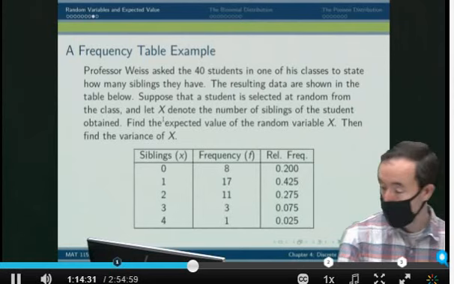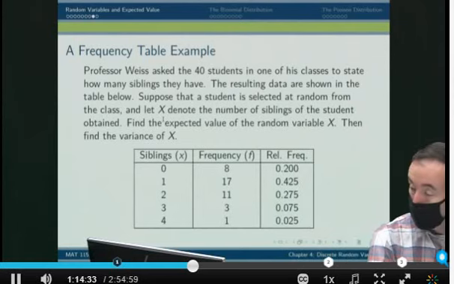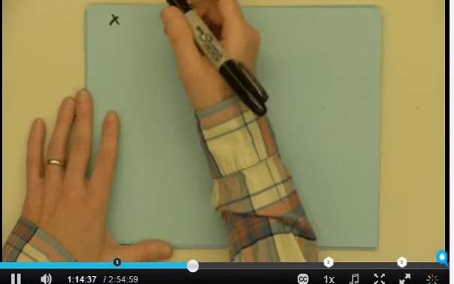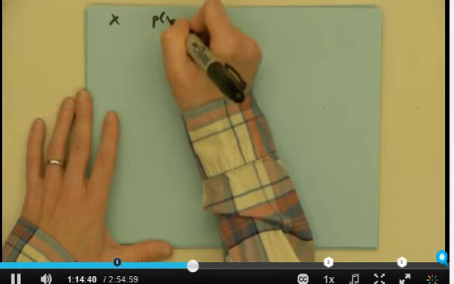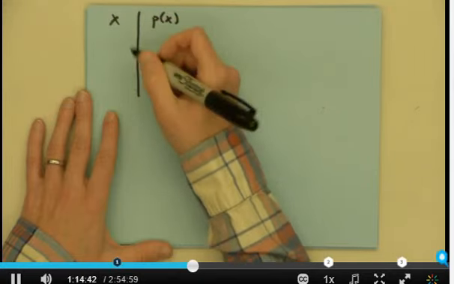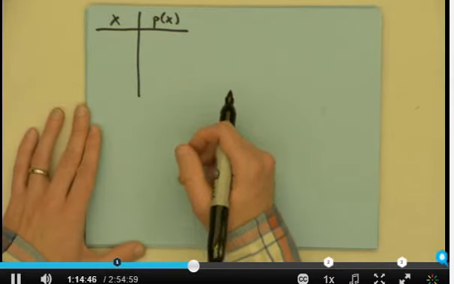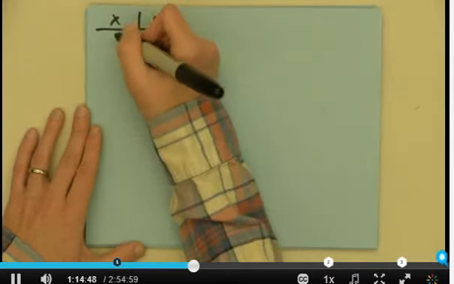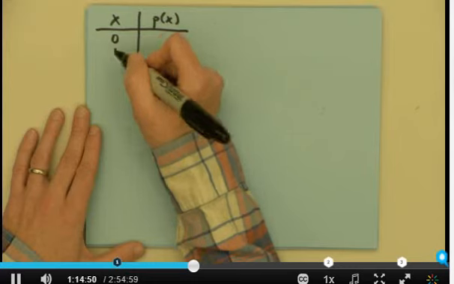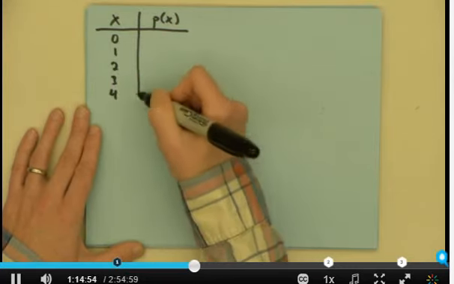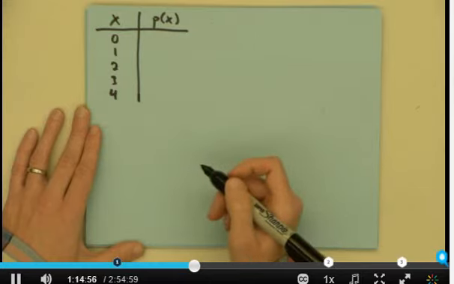So let me first reconstruct that chart. And what I'm going to do is treat the relative frequency as the probability, P of X. So 0, 1, 2, 3, and 4 were the possibilities for the number of siblings.